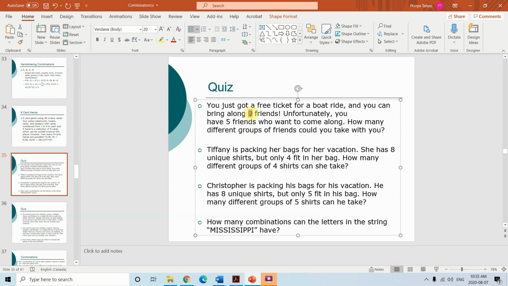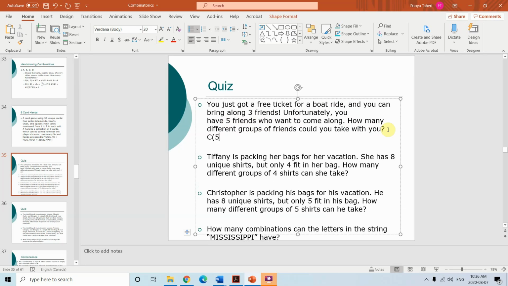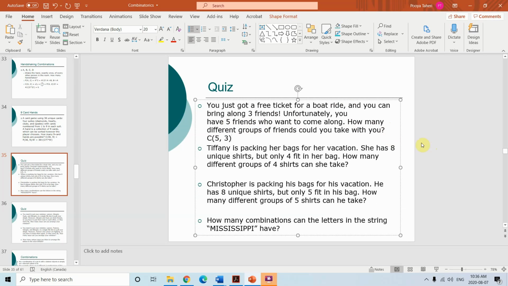It doesn't matter who is selected first or last, we just want to pick 3 friends out of 5 friends. So this is again a combination problem, and the answer would be like this.